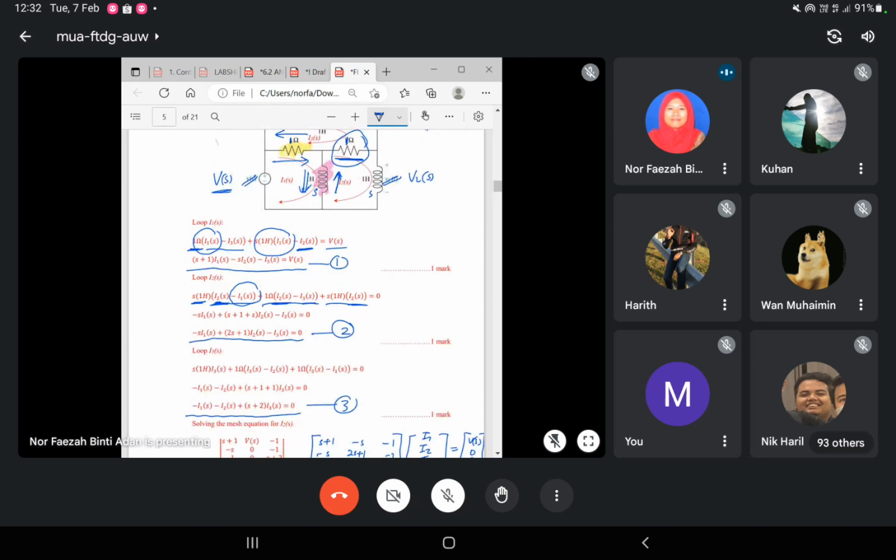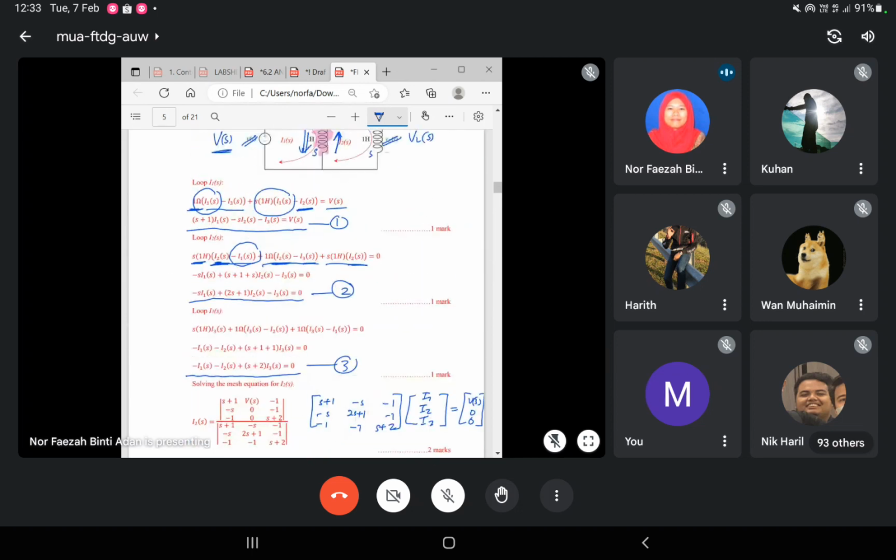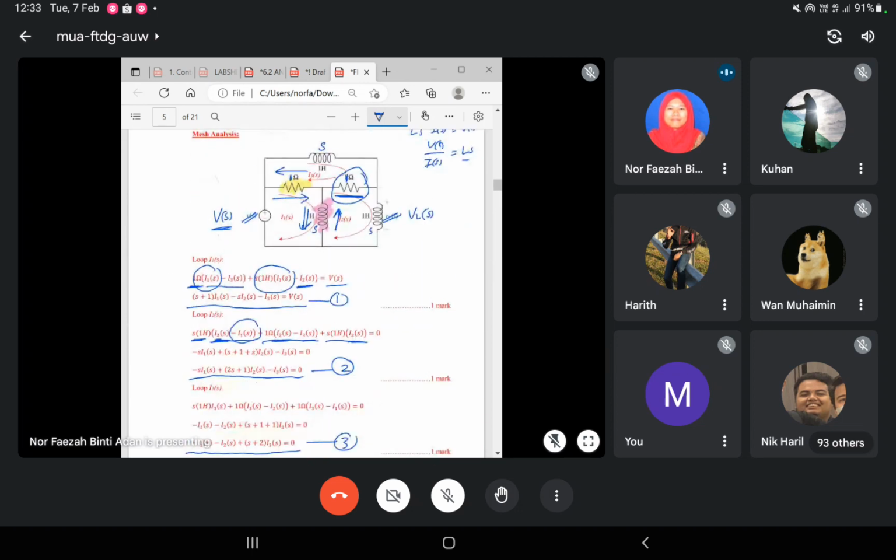VLS is located in loop number 2. Loop number 2, current dia I2. So kalau kata kita nak dapatkan relationship between I2 dan VL, equation dia akan jadi macam mana? I2S darab dengan apa, impedance dia? S, sama dengan VLS.